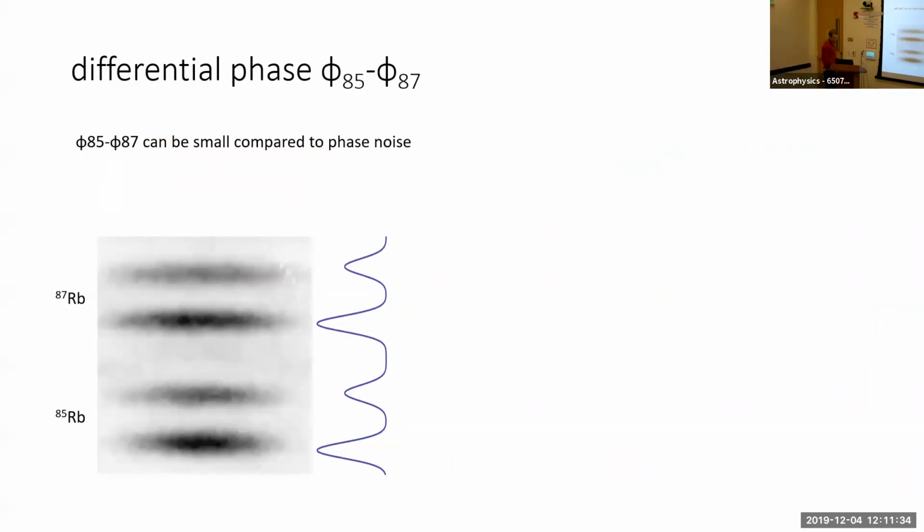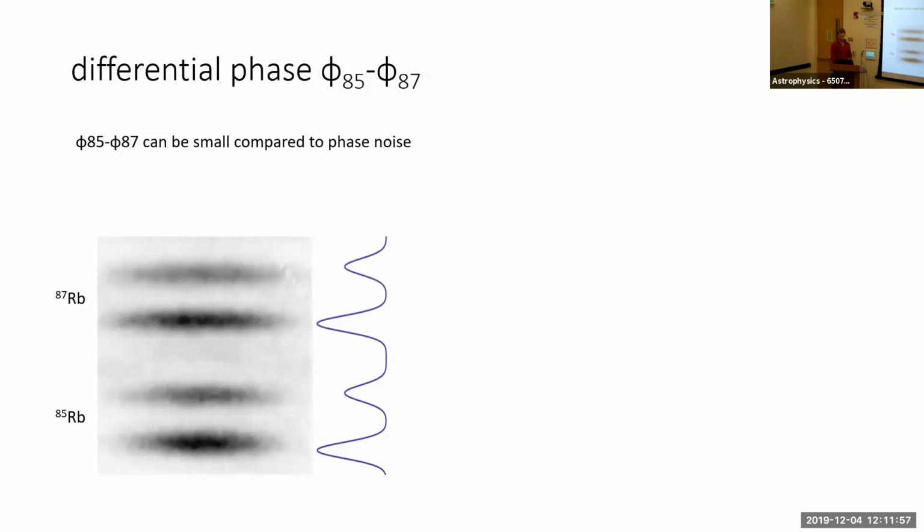And especially, it might be smaller than your phase noise. Phase noise just means the fluctuation of phases you measure between different runs of the experiment. So here in this case, you have 4 ports. The upper 2 ports are rubidium 87, the lower 2 ports are rubidium 85. They have roughly the same phase, as you can see in the population distribution.